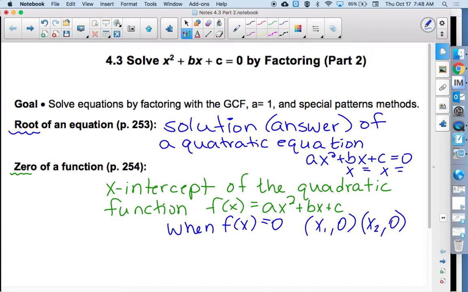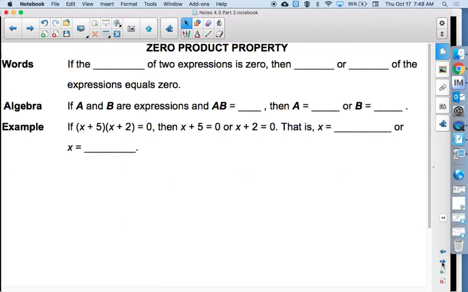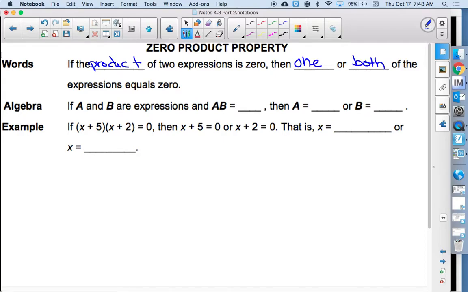So if you look, I think there's 2 questions underneath. Oh, no, there's a little product property here first. So the 0 product property. If the product of 2 expressions is 0, which is why we factor to break it into multiplication, because that breaks the problem down, then one or both of the expressions also equals 0.